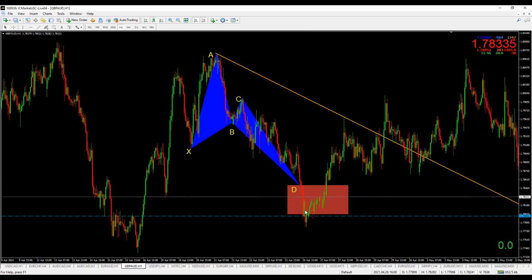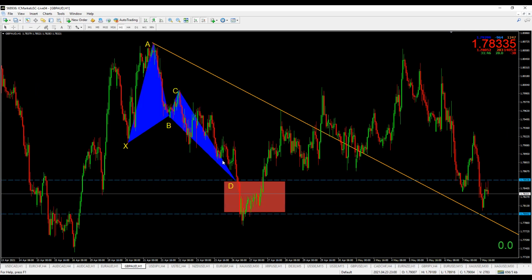You are still wanting to get in somewhere here, but preferably, if it goes below the D, even though you might still want to get in if you get the right price action, it would be better to wait for it to come back above D before getting in.